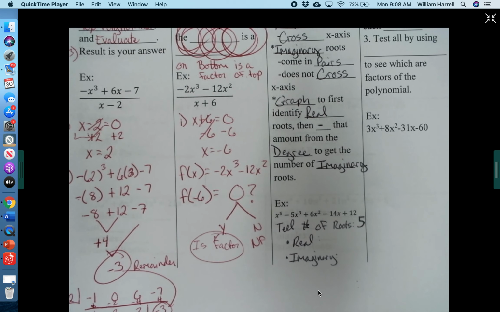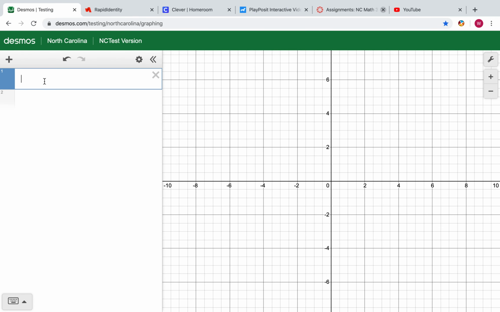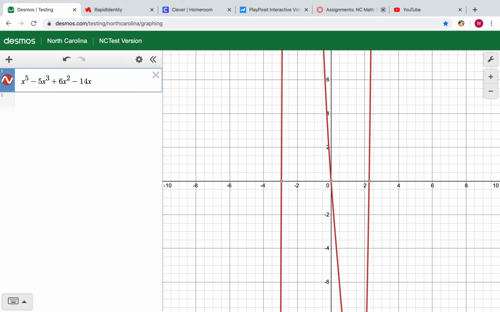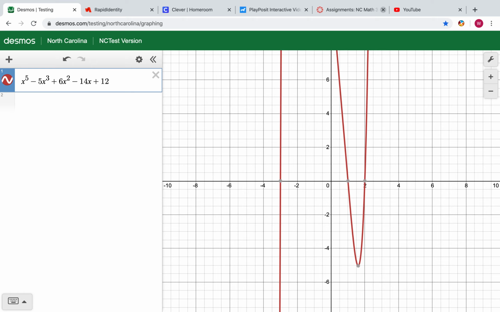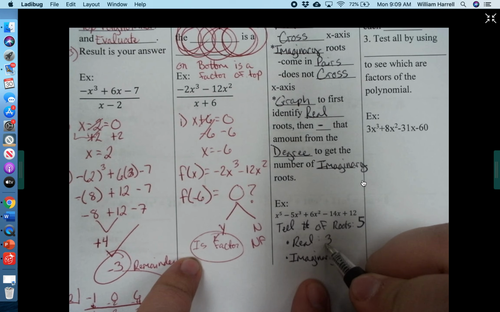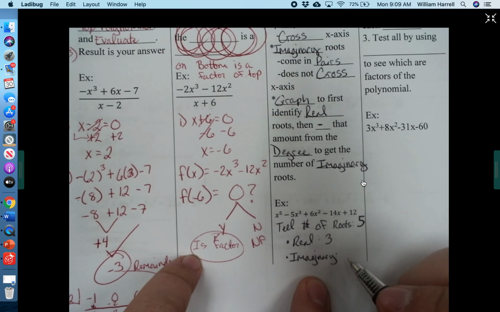I then graph it: x to the 5th minus 5x cubed plus 6x squared minus 14x plus 12. And again, it crosses the x-axis 1, 2, 3 times. Therefore, it has 3 real roots, and 5 minus 3 tells me there are 2 imaginary roots.